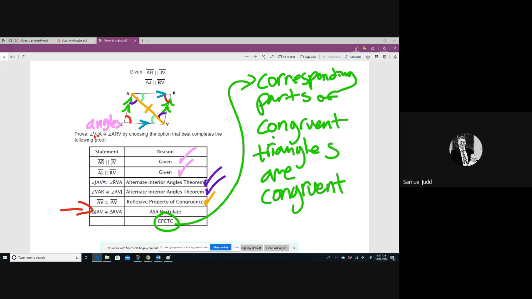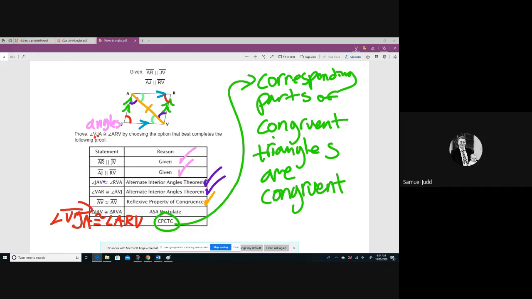We've already got all the other pairs matched up. So we know we can use corresponding parts of congruent triangles are congruent to prove these two pieces are congruent. Angle VJA is congruent to angle ARV.